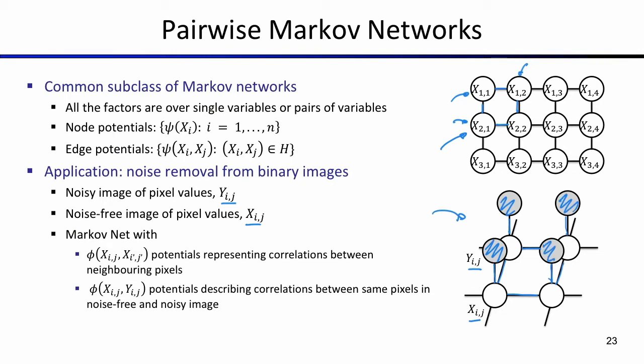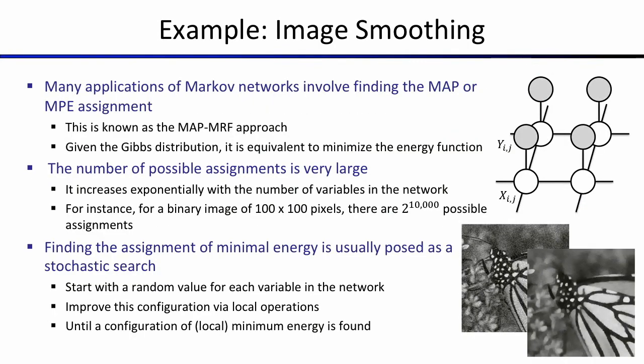We expect that these Y nodes are going to influence our X nodes at the same time that the neighboring nodes should influence each other. And we expect to find the assignment that has the smallest energy, or in other words, that has the highest probability. So for many applications in image processing, we want to process the Markov network and find the MAP or the MPE assignment.